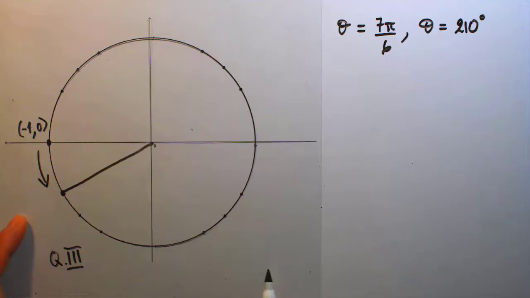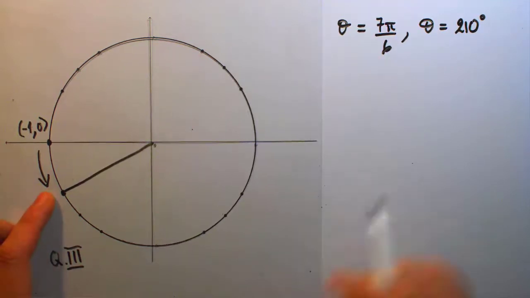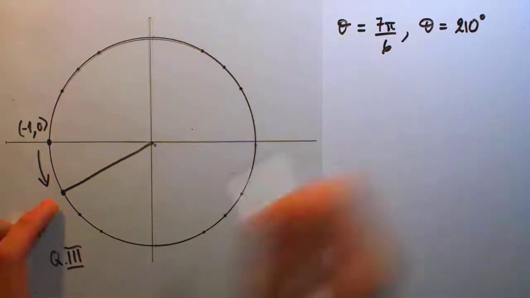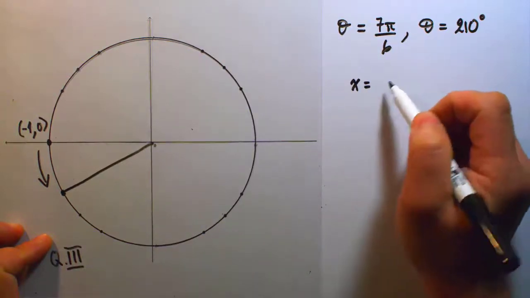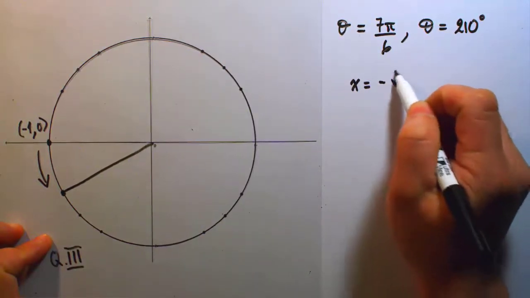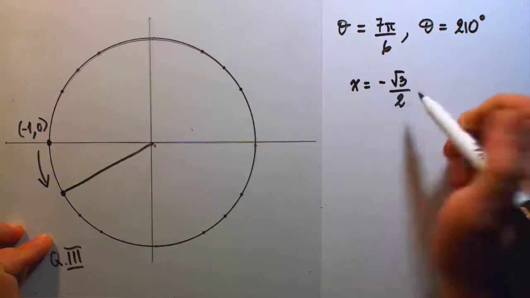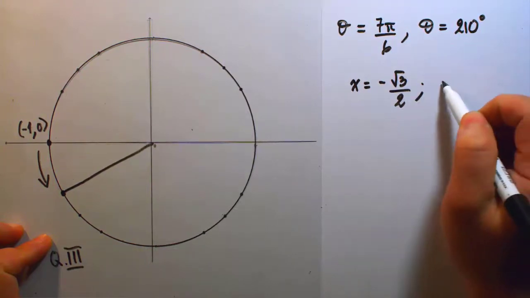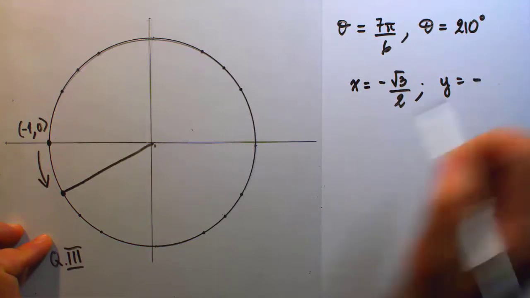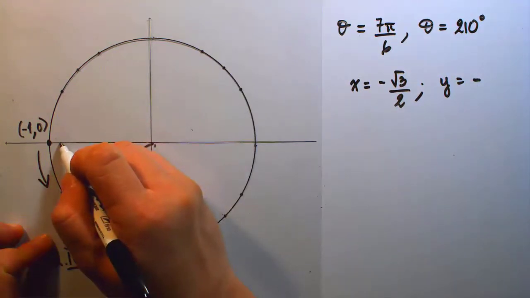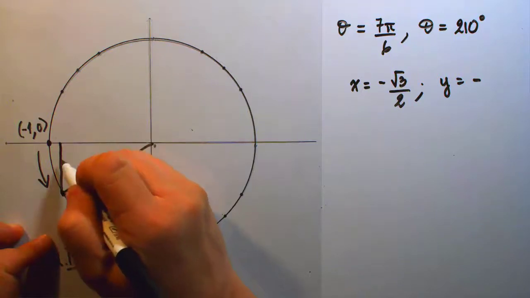In this way, I can see that the x coordinate is -√3 over 2, and the y value this time is also negative, it should be -1/2, as described in the picture right here.